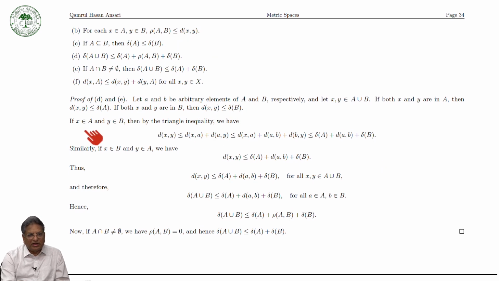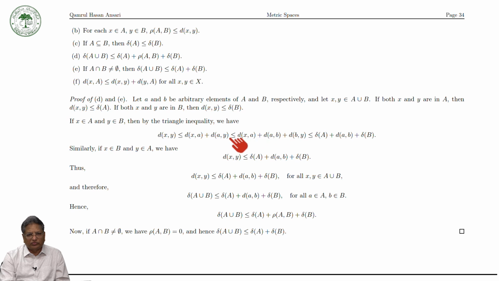Now if x is in A and y is in B, both in different sets, then we use the triangle inequality. How can we use it? We can use d(x,y) is less than or equal to d(x,a) plus d(a,y), and then this is always less than or equal to, we can add the d(a,b), because this is a non-negative term.